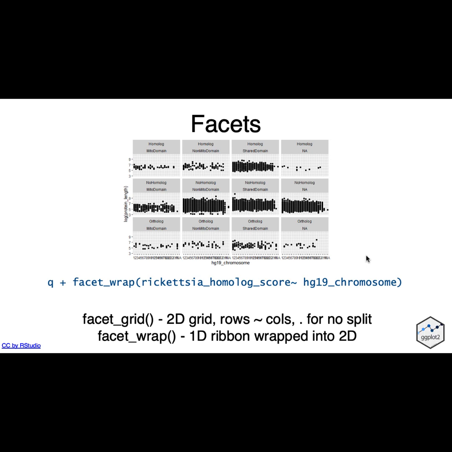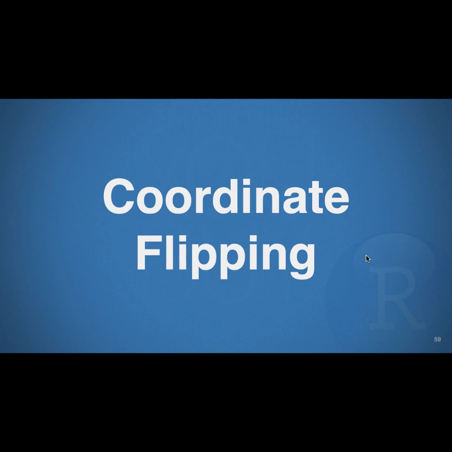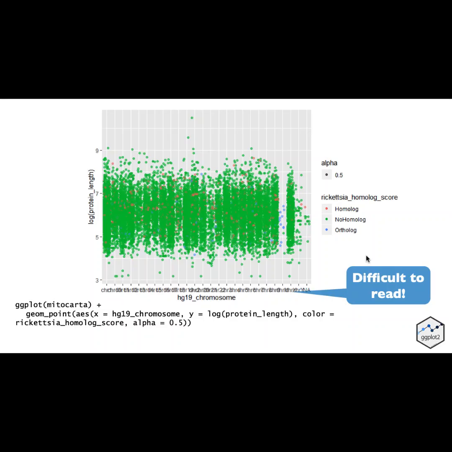Okay, so I think that's probably the most complicated thing we covered today. So let's look at some other things we can do with our plot. This is one I wish I could do to people's plots while I'm reading them, and this is coordinate flipping. I have a plot here.